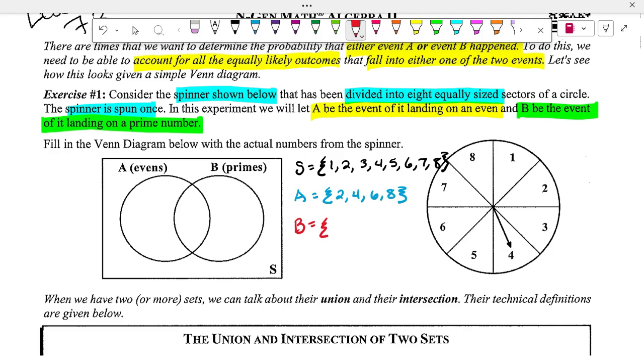It's basically a number that can only be divided by itself and 1, and no, that does not include 1. So 1 is one of the few numbers that's not prime or composite. So it's going to be 2, 3, 5, and 7. Those are the only ones on that spinner that are prime.